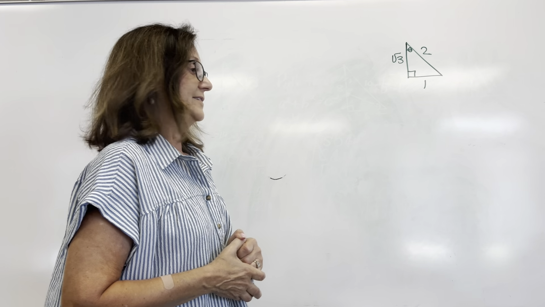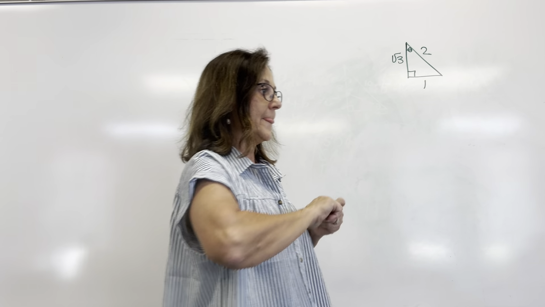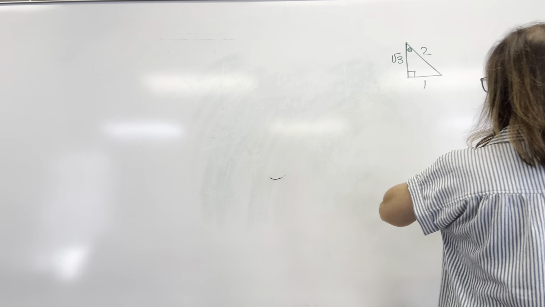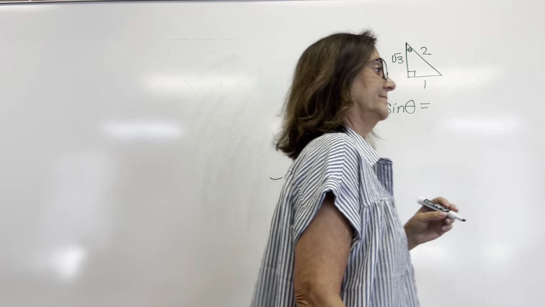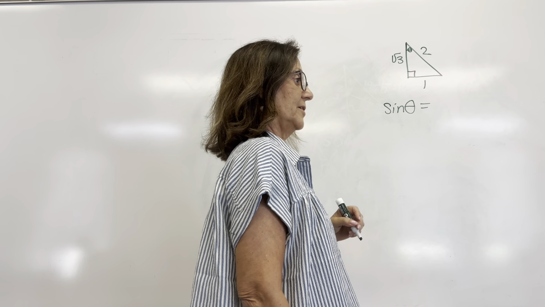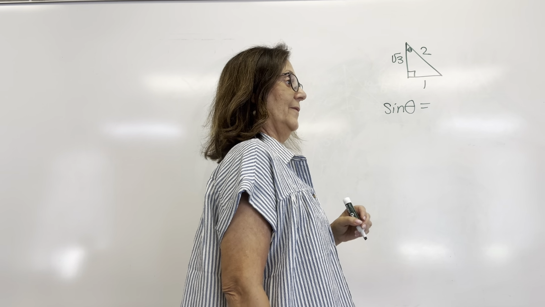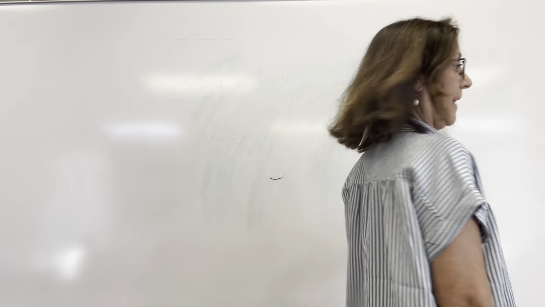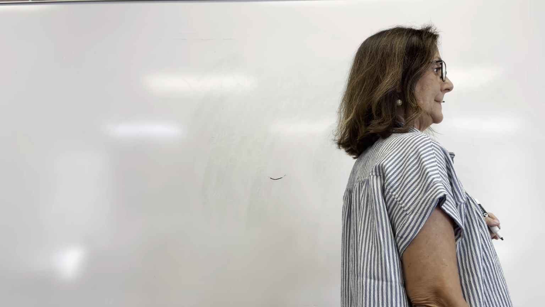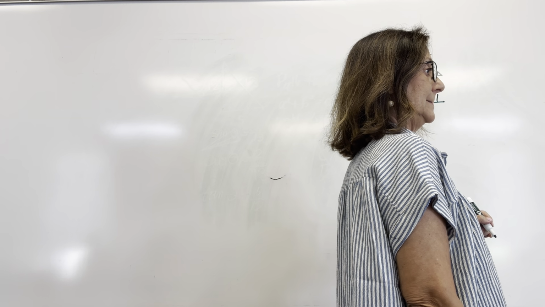Now, Clyde, you see where theta is? I want you to give me the sine of theta. What's the ratio? 1 over √3.